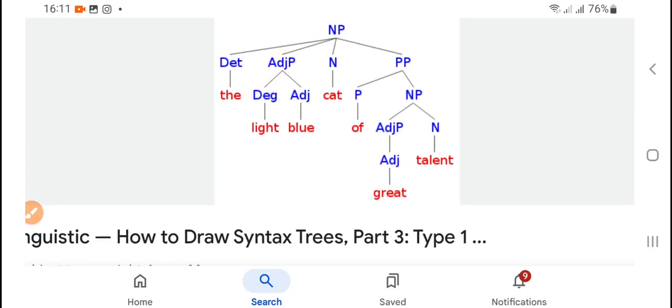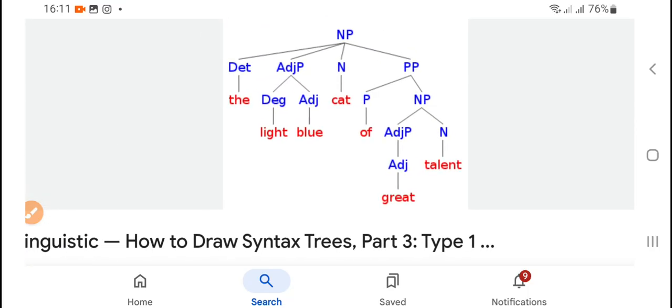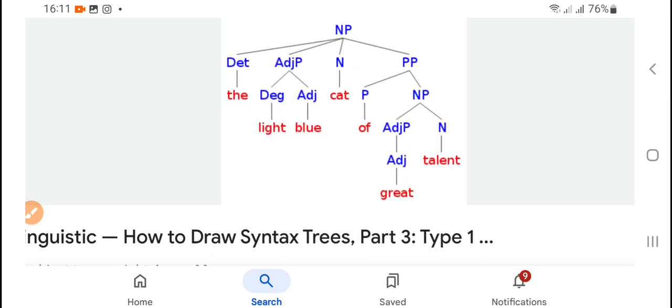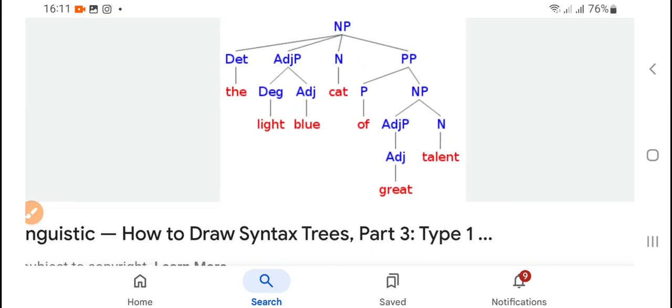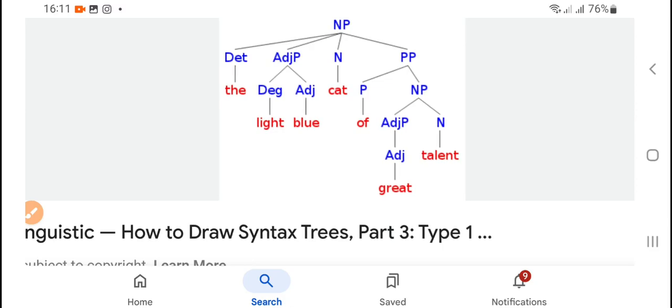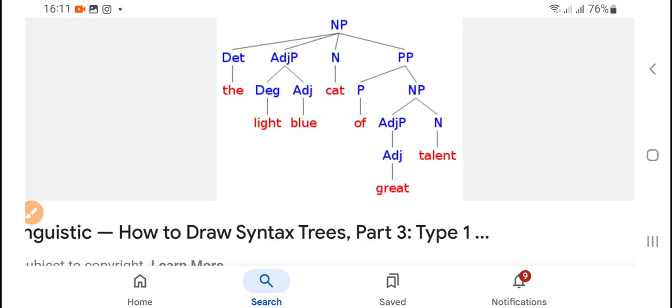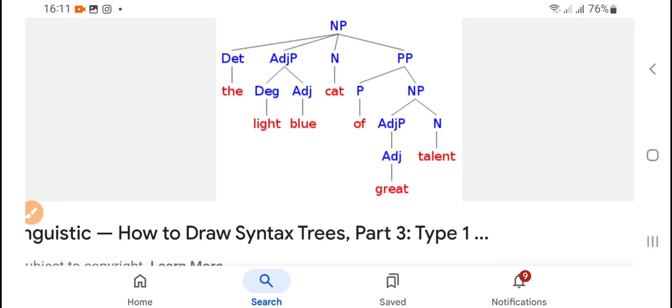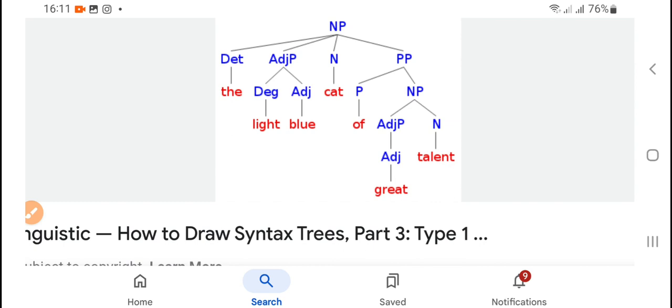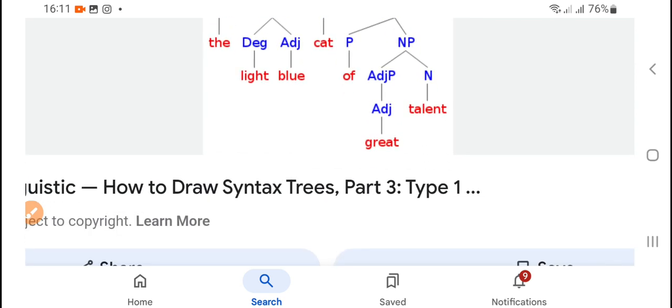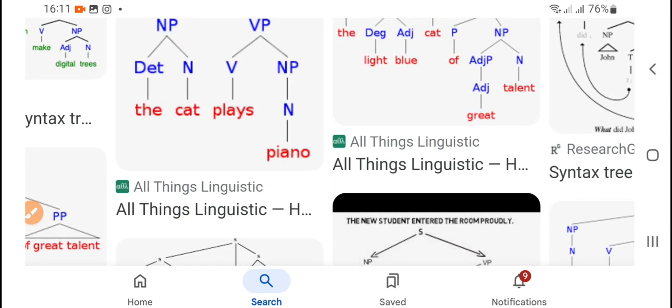The cat, so the determiner. And then the adjectival phrase, light blue. Then cat. The light blue cat of great talent. So that's a preposition, of great talent is a noun phrase. Interesting.